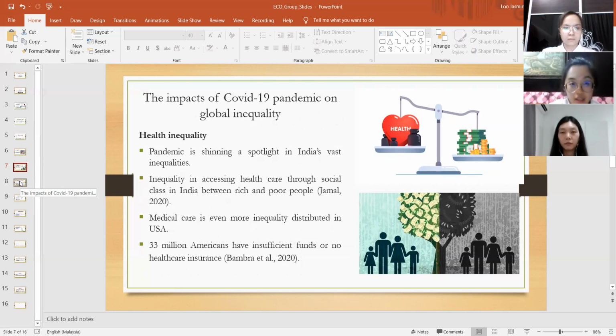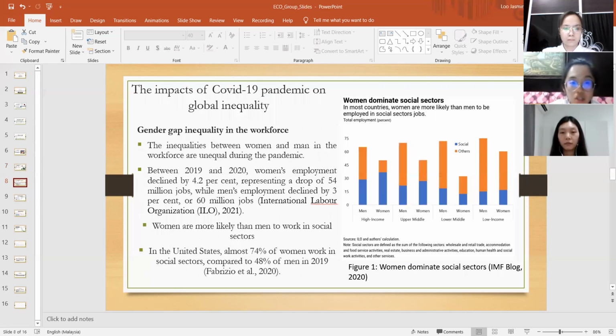Next slide. In addition, gender gap inequality in the workforce is one of the impacts of the COVID-19 pandemic on global inequality. According to the International Labour Organization, ILO 2021, the workforce is unequal between women and men during the pandemic.